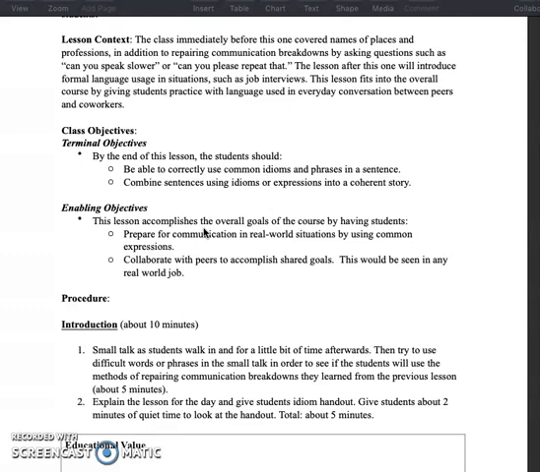The objectives to meet the overall goals should be stated in the terminal objectives, not the enabling objectives. So I would definitely change that.